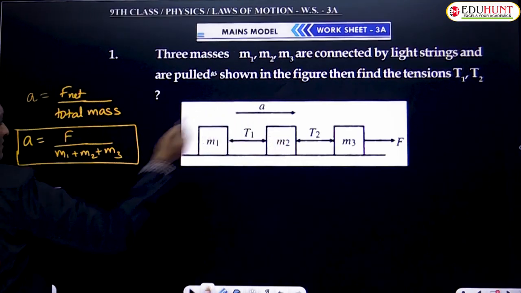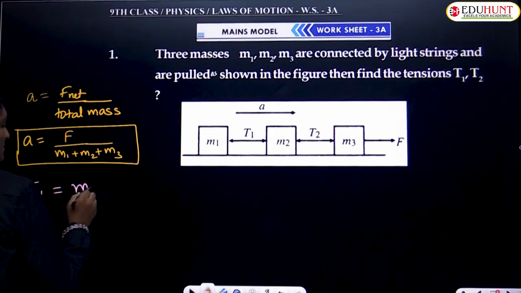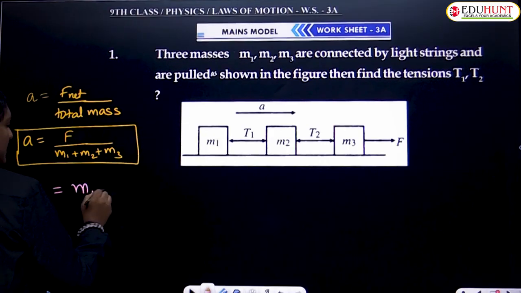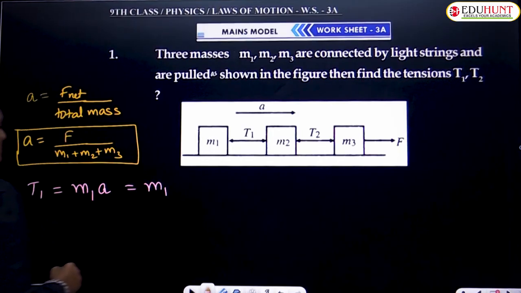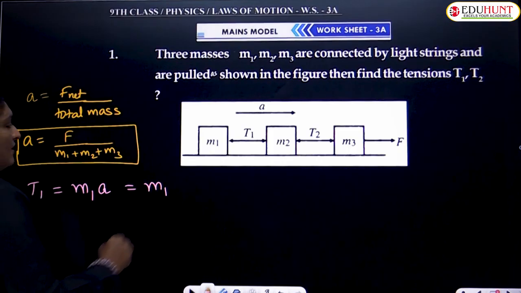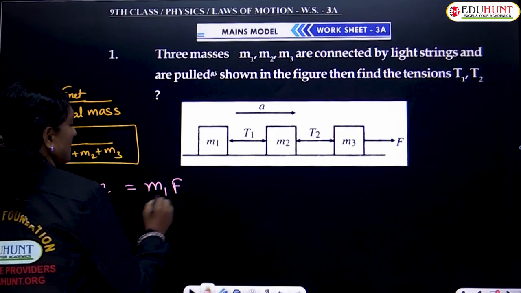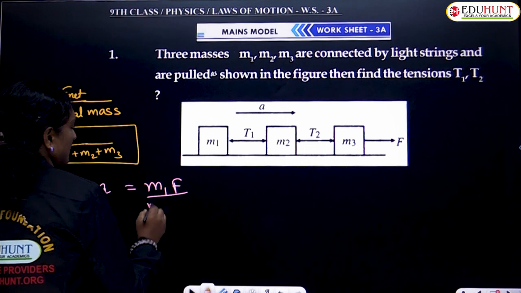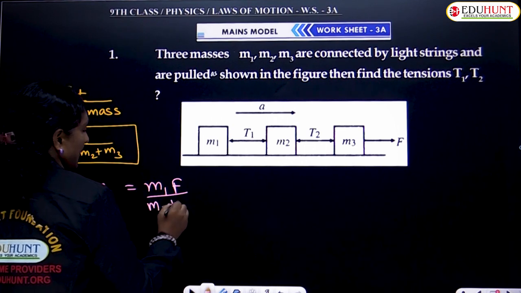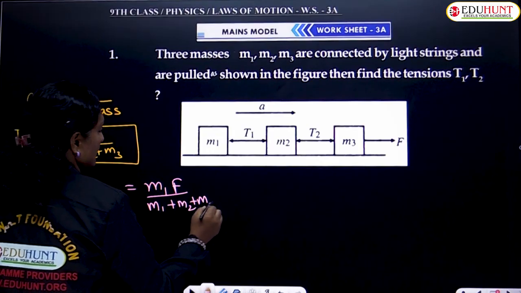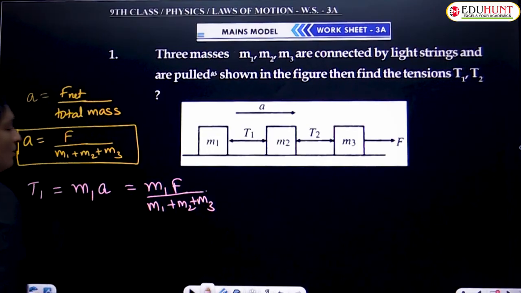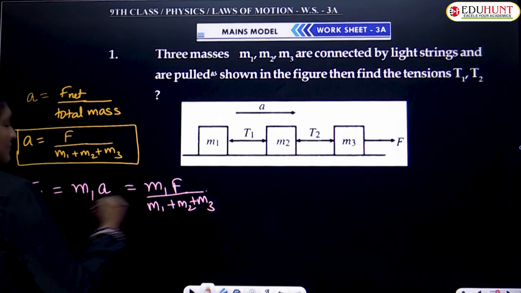So this force equals ma, or T1 equals M1 times a. This can also be written as M1 times the value of a, which we just calculated as F by M1 plus M2 plus M3. So the result will be M1F upon M1 plus M2 plus M3, which is the value of T1.